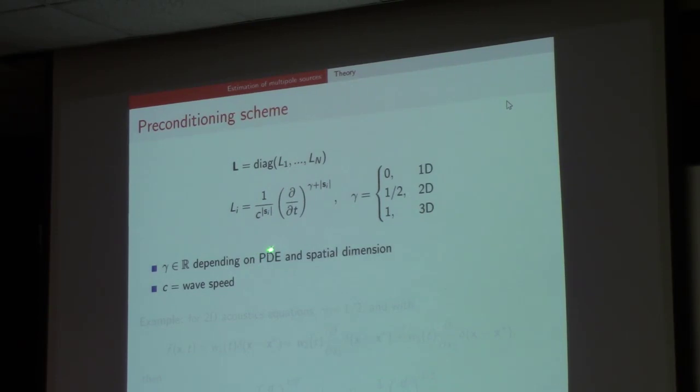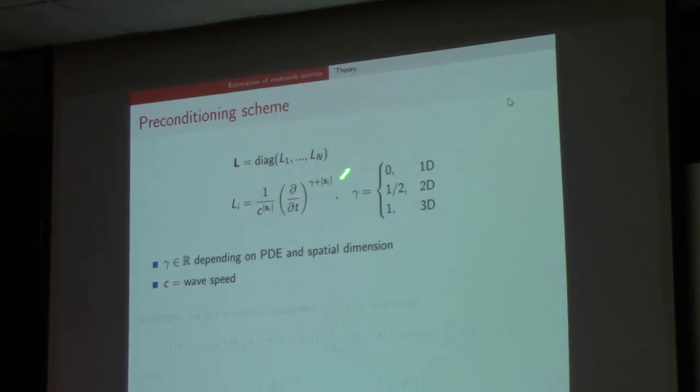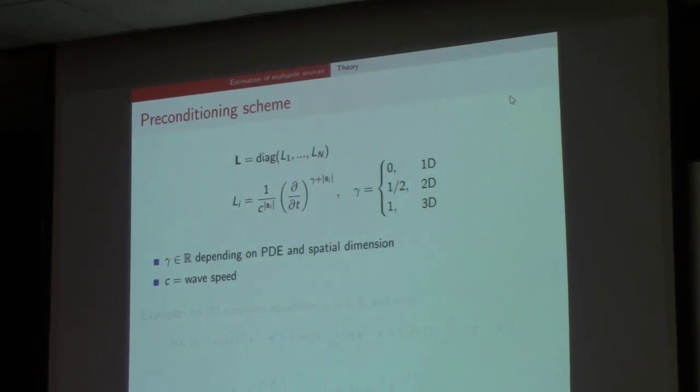Now, you're going to need more derivatives if you're involving more multipoles. If it's a higher order multipole, you're going to need more derivatives to undo what the multipole is doing. But then there's this extra gamma constant that depends on the dimension you're in, which is very interesting.